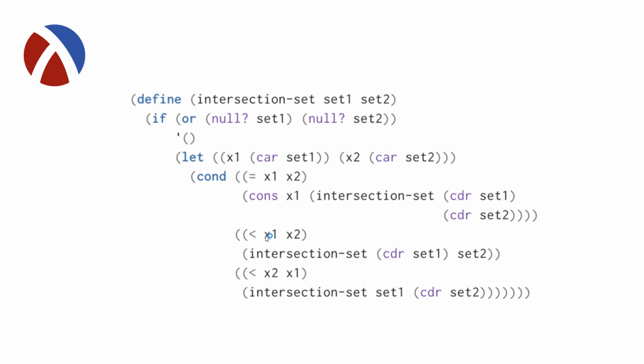Otherwise, you check to see which element is smaller. If x1 is smaller than x2, you cdr down set 1 but you don't cdr down set 2, and then vice versa, because you want to keep these in sorted order, and this is what you need to do in order to maintain that property of your set.